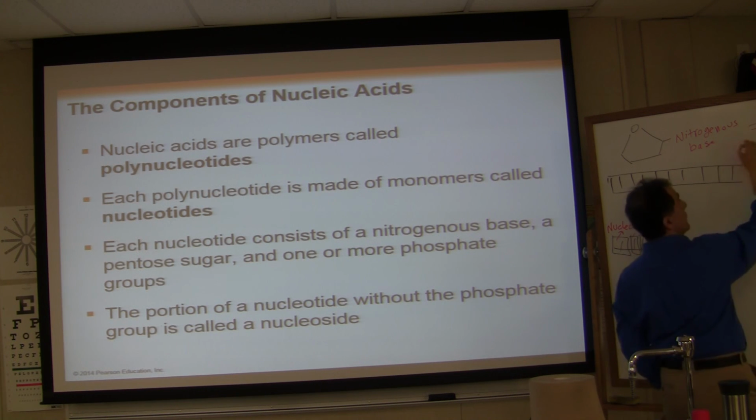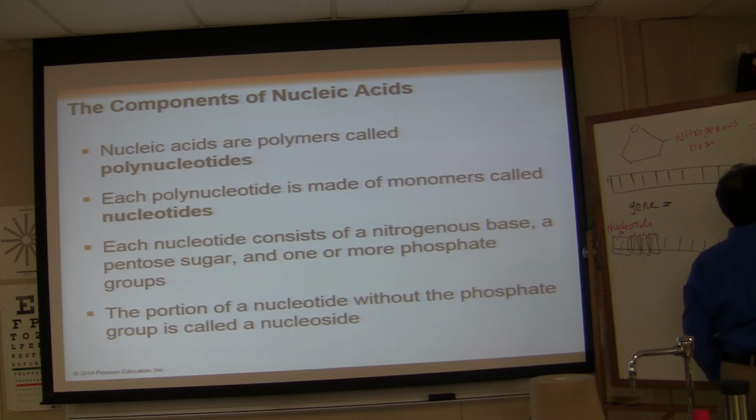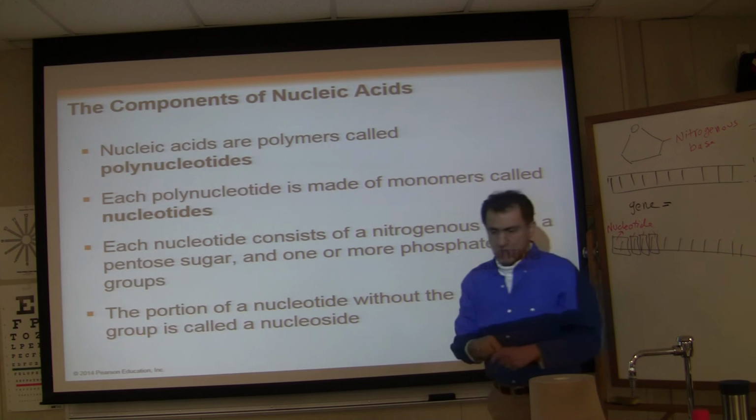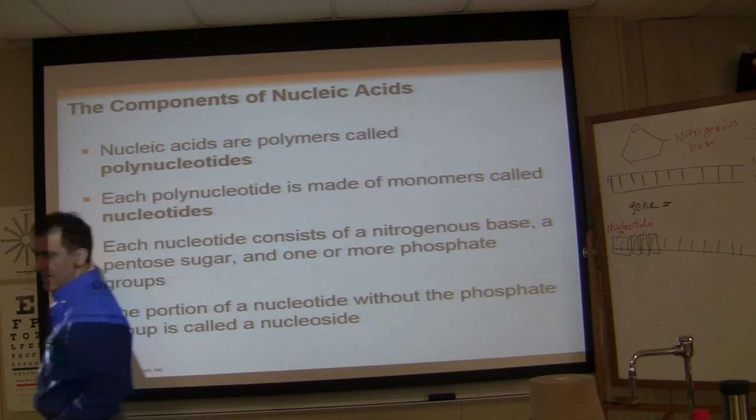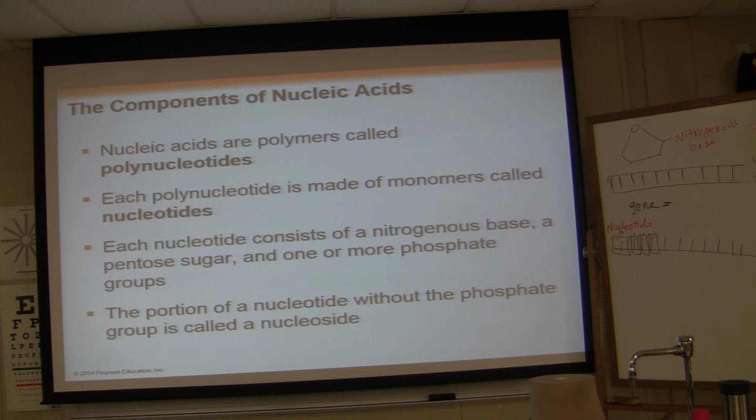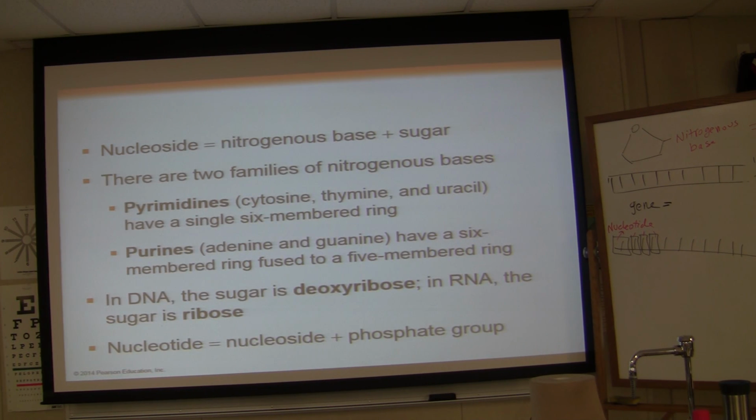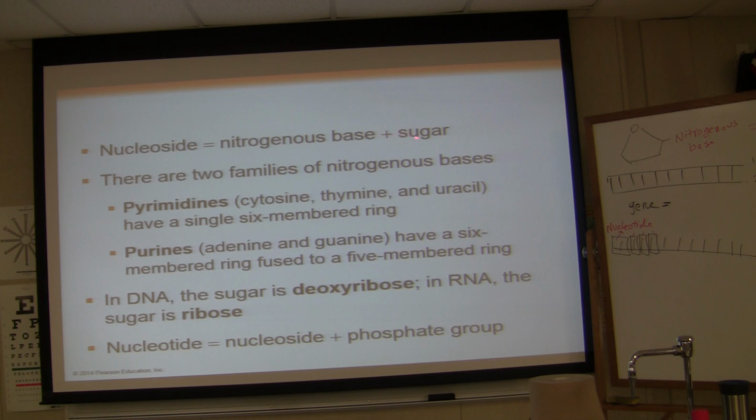Nucleotide and nucleoside. Side does not have phosphate. Nucleotide has phosphate. That's the difference. Later on, you will see that. So you better be familiar with it until we get to it. Nucleoside, nitrogenous base plus sugar.